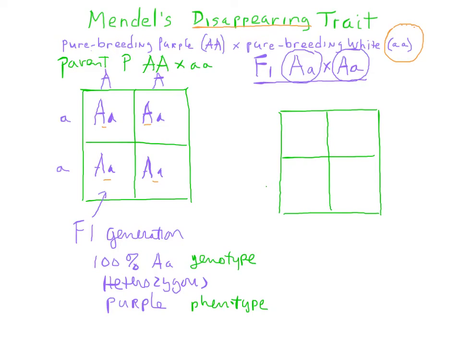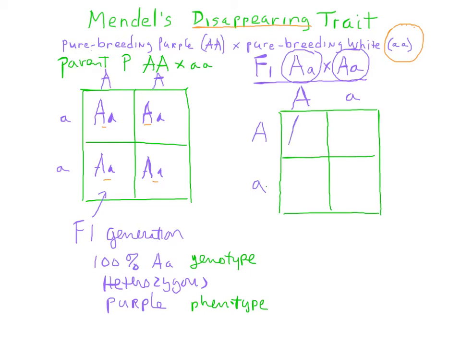But this first individual's gametes go here and here. It can make two kinds of gametes. The second individual's gametes go here and here, and it can also make two kinds of gametes.